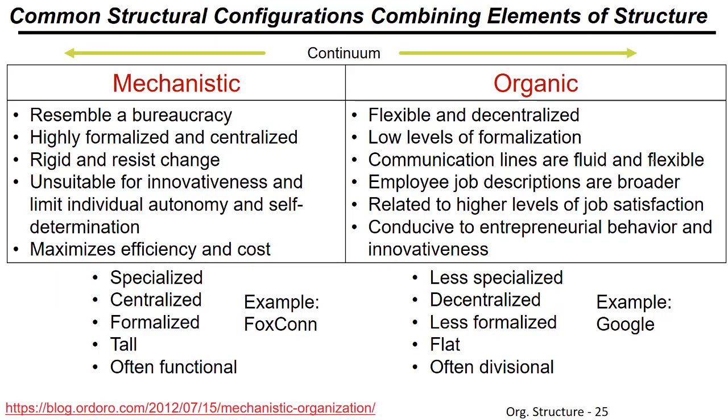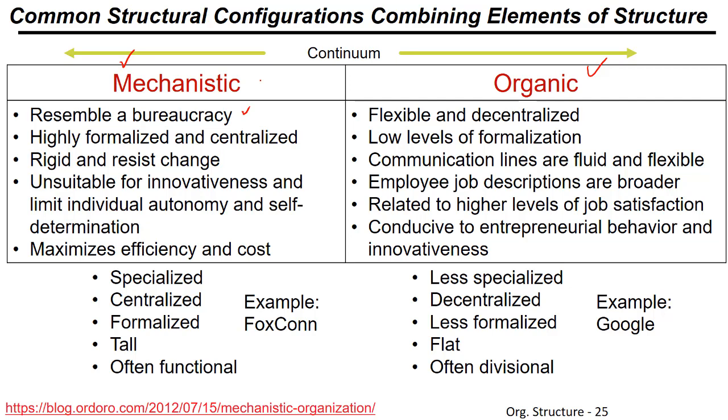And if we look at two different approaches in terms of organizing in the company, one is what we call the mechanistic approach. The other is the organic one. And the mechanistic tends to resemble a bureaucracy.